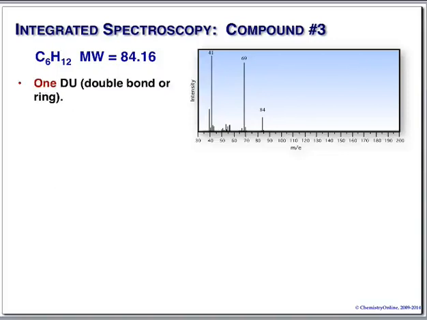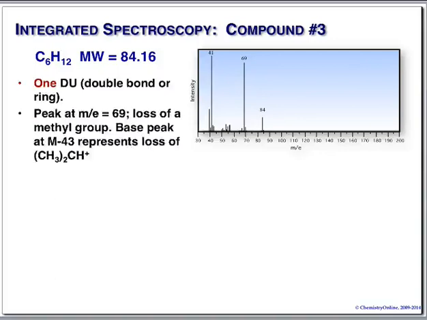We also have something at 41. I don't know what that is. In spectroscopy, it's okay to say that. Just don't say it too often. We don't know what 41 is, but how far away is it from 84?